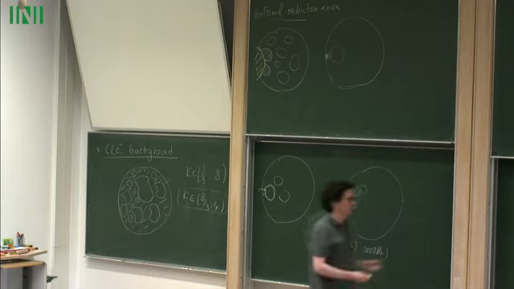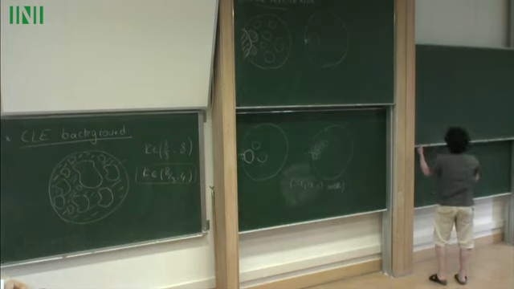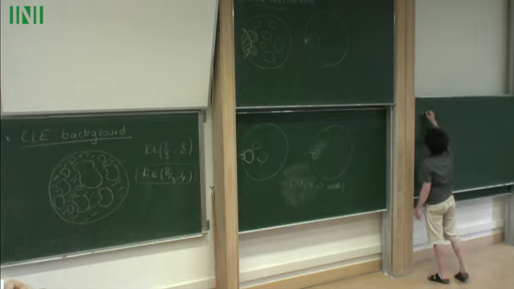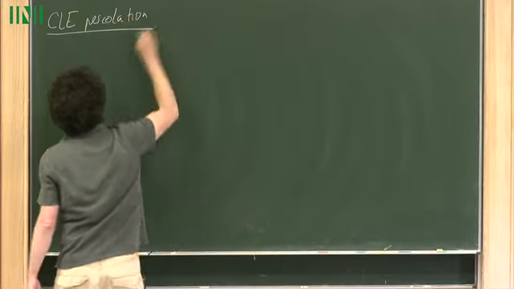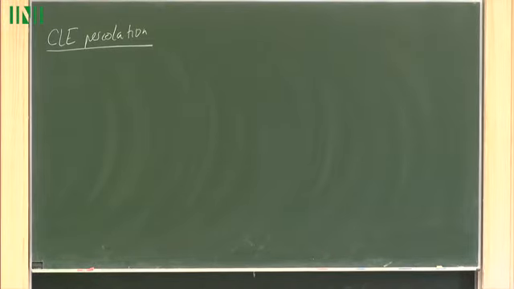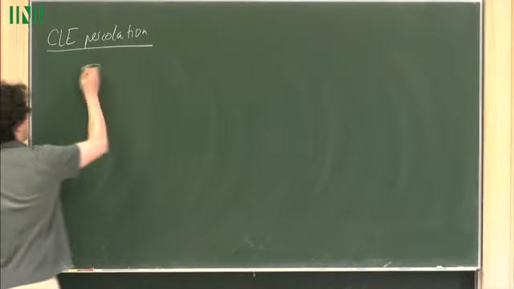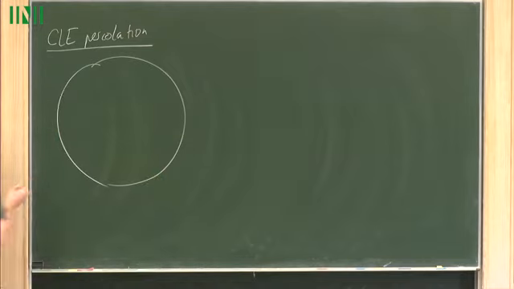So now it's just a fact about the so-called CLE percolation. That's one item in the CLE percolation paper with Scott and Jason, which is the way to understand this Markovian exploration. Again, this exploration can be defined in a fairly axiomatic way.